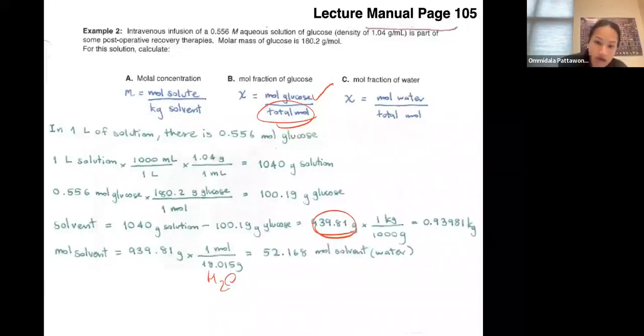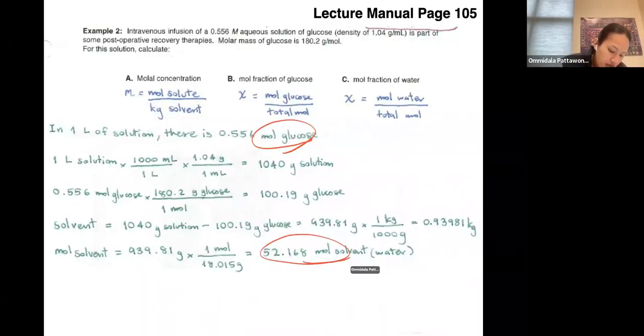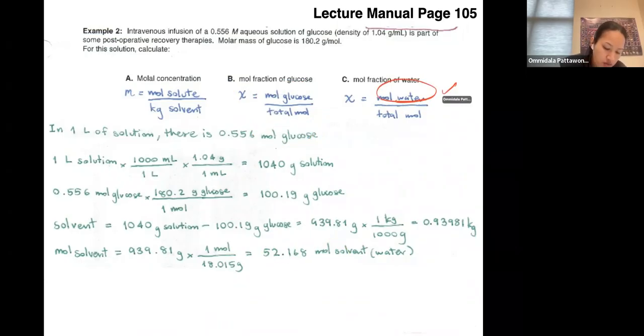You are going to get 52.168 mole of water, which is the solvent. Now since you know mole of solute and mole of solvent, if you add them together, you're going to get the total mole. Since you know the mole of glucose, you should be able to find the mole fraction of glucose. Since you know the mole of solvent as well, you can plug in the mole of water, divide by the total mole, and find the mole fraction of water as well.